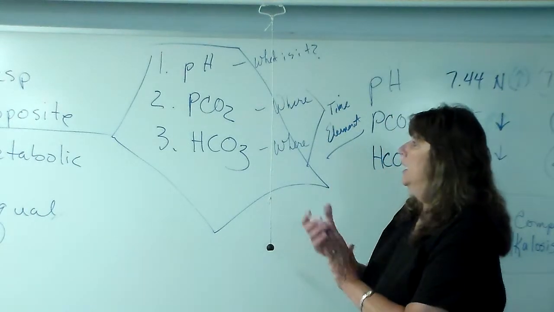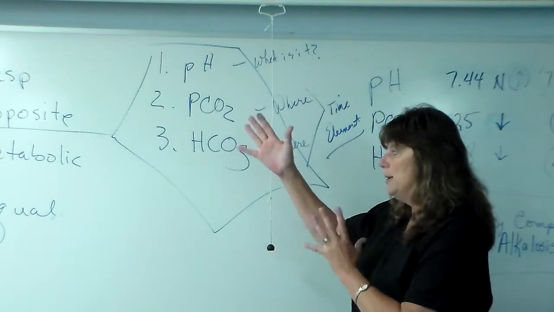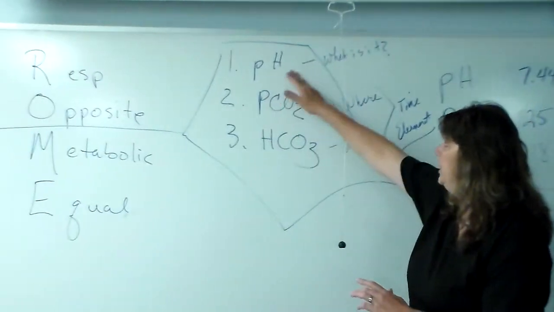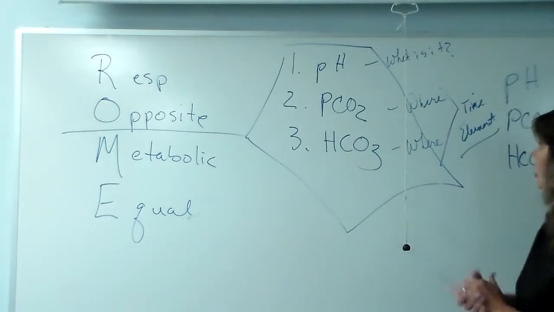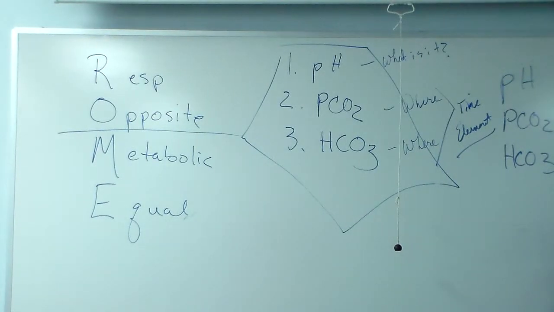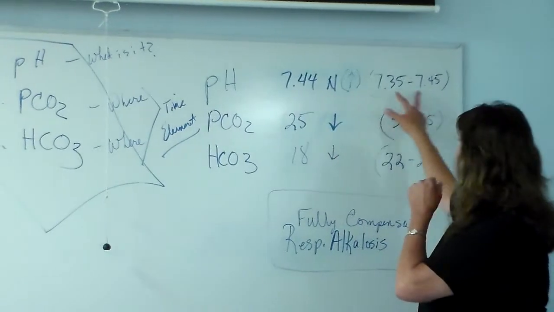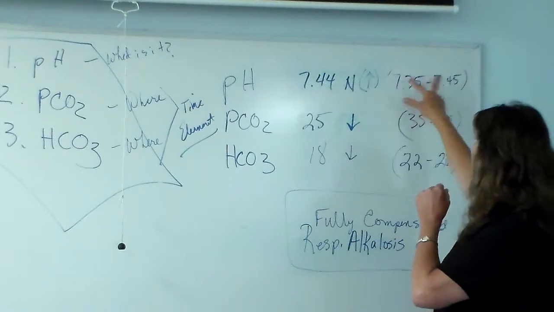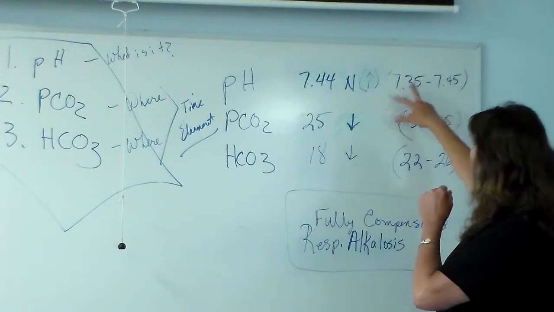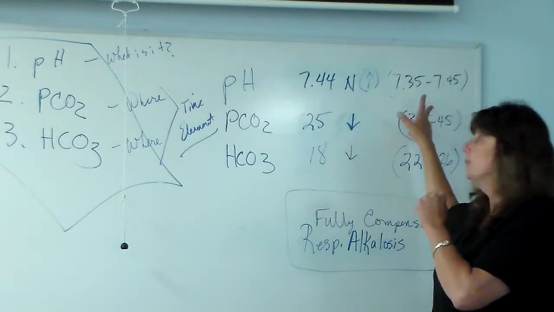All right. Respiratory opposite, metabolic equal. You look at pH, PCO2, bicarb, to recap. When it is fully compensated and falls within the norm, you need to look at which end of the spectrum it's going, okay?